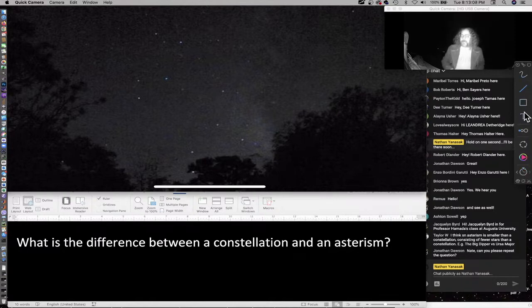So what we are looking at here is the constellation Sagittarius. Look at that. It looks like a teapot in the sky. The difference between a constellation and an asterism is that a constellation is technically a region in the sky which contains some stars, and an asterism is the little stick figure drawing that you can draw.